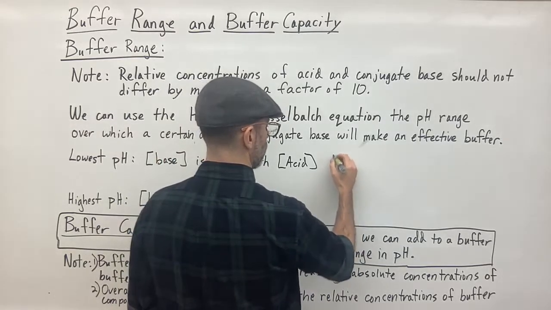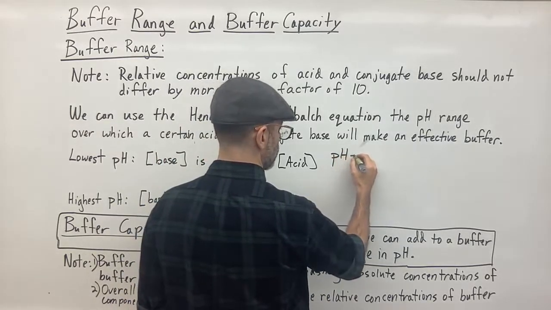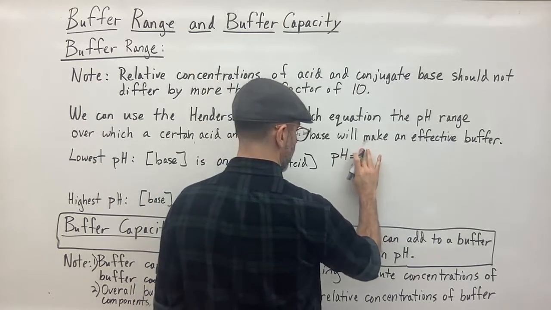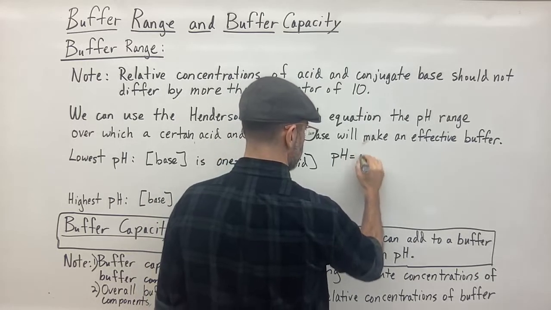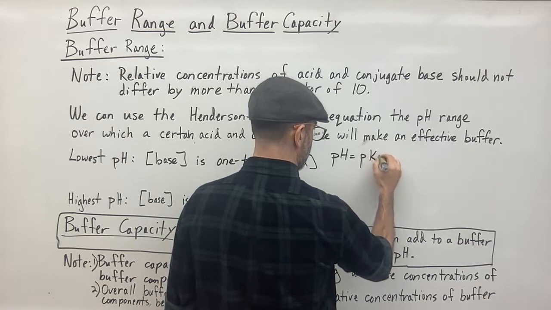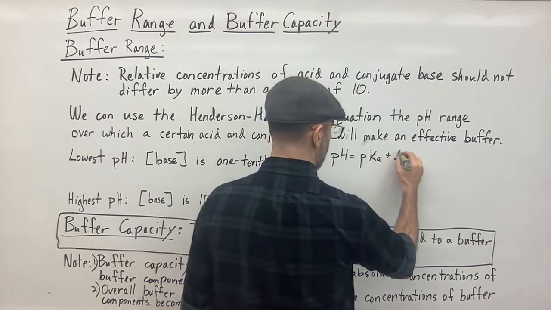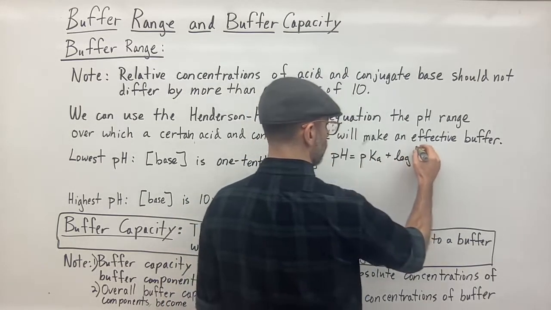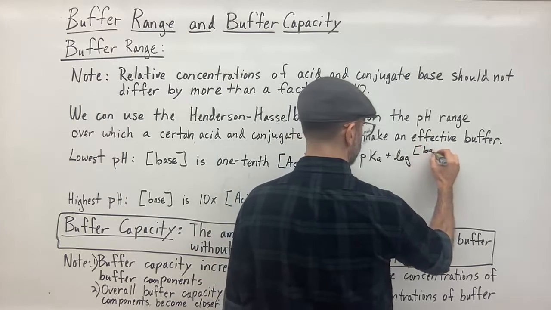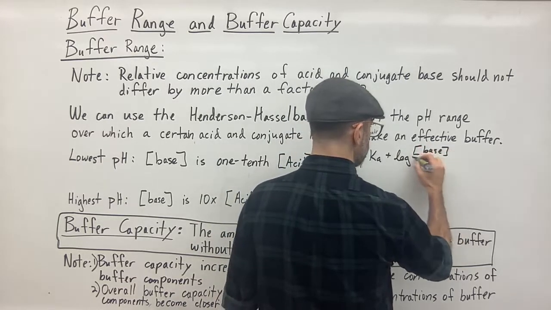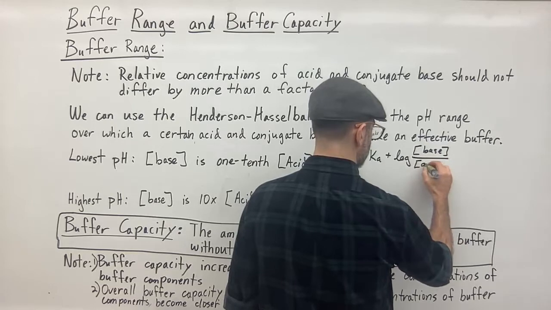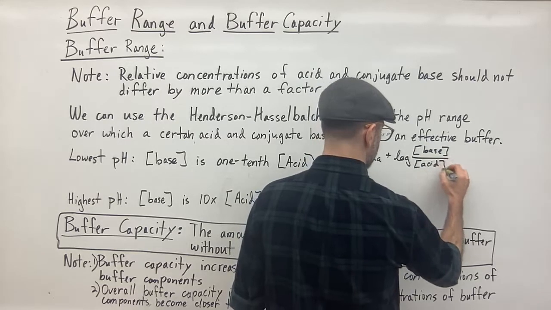The Henderson-Hasselbalch equation is pH equals pKa plus the log of the concentration of the base over the concentration of the acid.